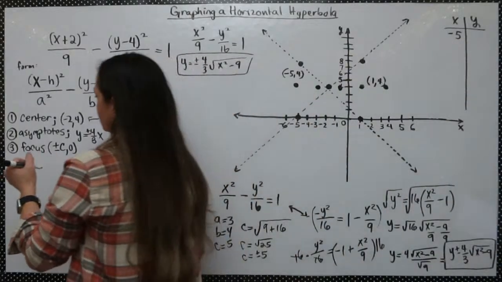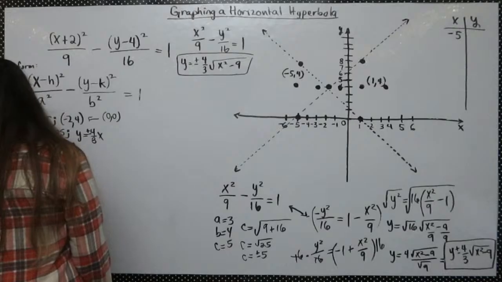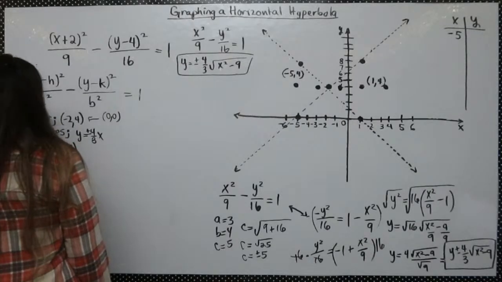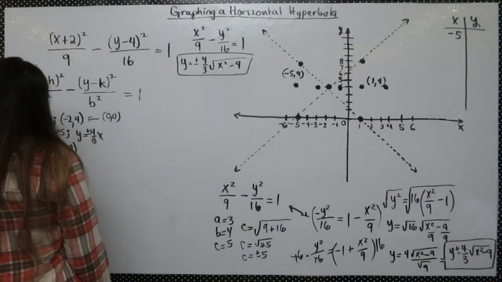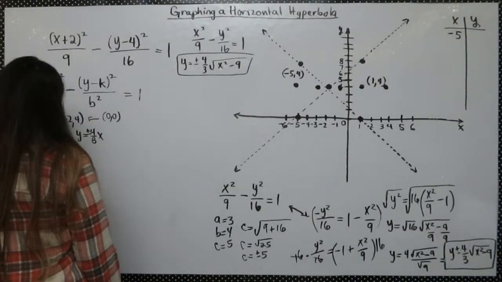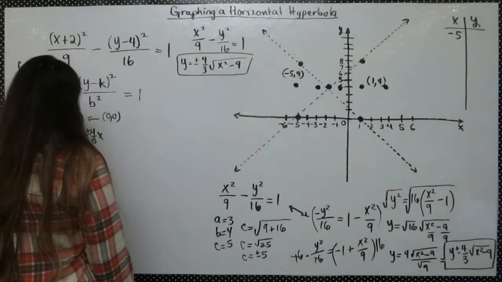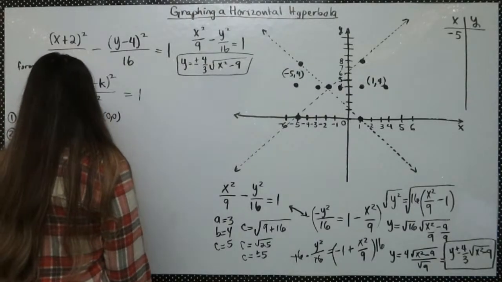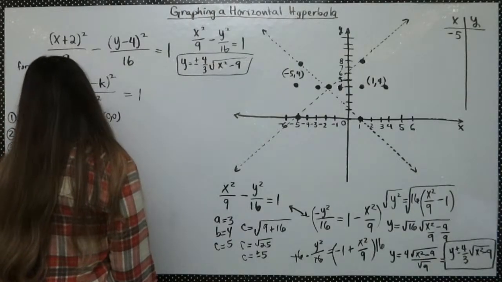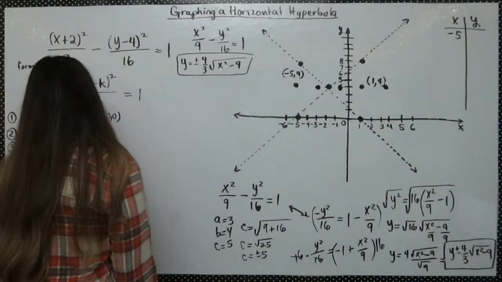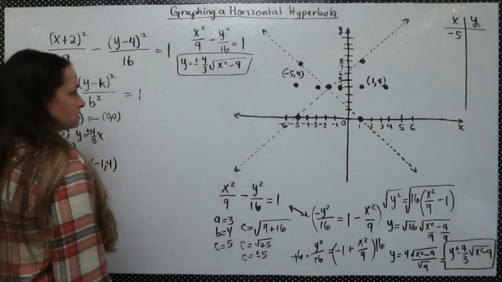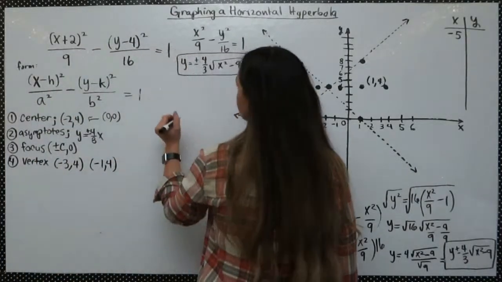I can't believe I didn't put it in here. The vertices. 4. So what did I say it was at -3, 4? And I also thought it was at -1, 4. Let's go ahead and verify that first.